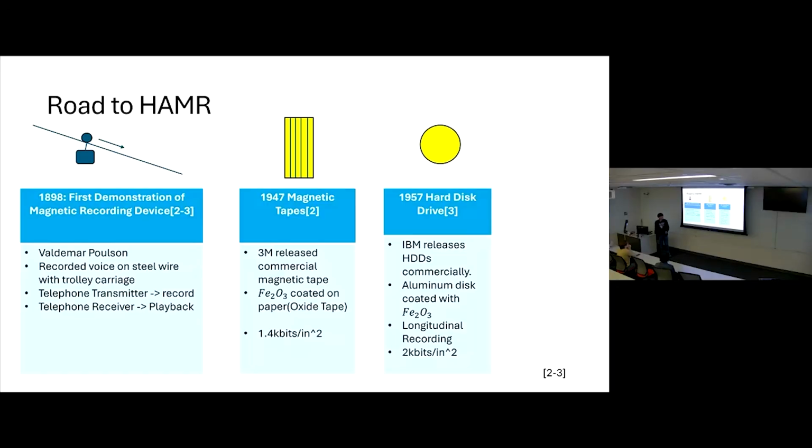Then in 1947, 3M released the first commercially available tape. It used iron oxide to write data. And in 1957, the hard disk drive was released by IBM, the first commercially available hard disk drive. And that uses iron oxide, just like the magnetic tape.